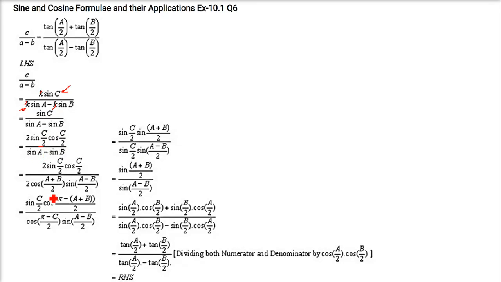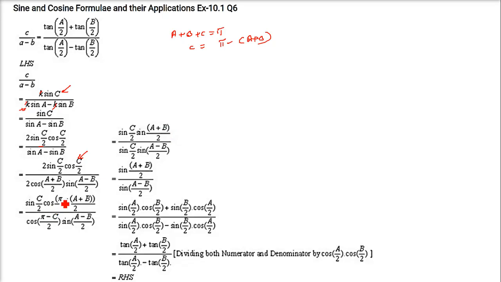As I told you earlier, because A + B + C is equal to pi, C can be written as pi − (A + B). So pi − (A + B) by 2, you get cos(pi/2 − (A + B)/2).